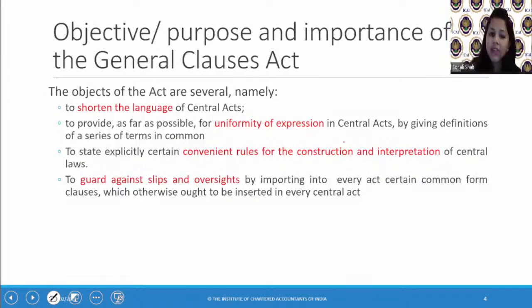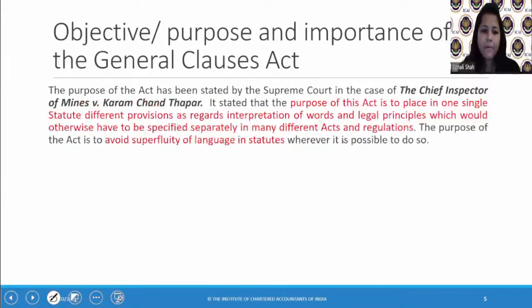So instead of defining those common terms in each and every act, they made a separate act where those common phrases used in multiple legislations have been defined and provided for. Is that clear? Are we good till here?